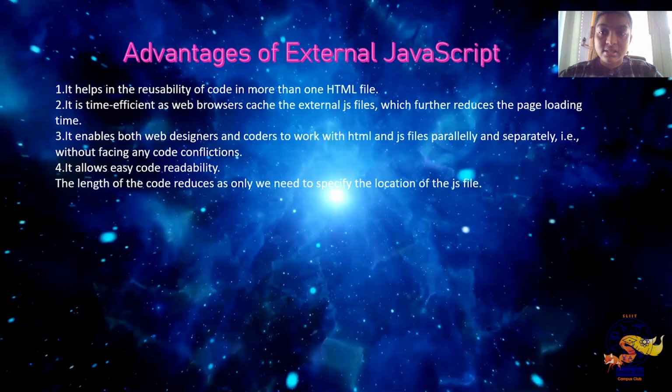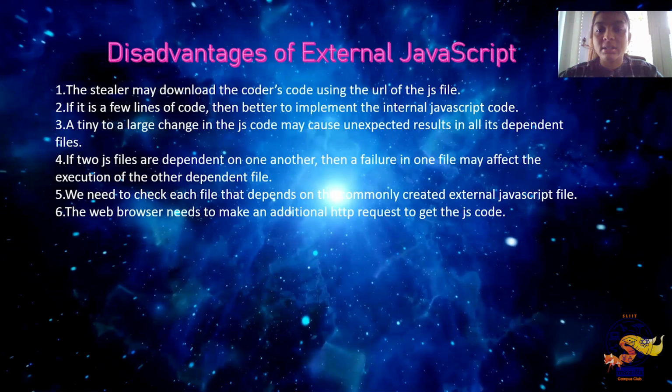There are disadvantages of external JavaScript. Stealers can download the coders' code using the URL of JavaScript files. If there are only a few lines of JavaScript code, then it will be better to implement internal JavaScript. When we implement a few lines of code in external JavaScript, we may have to spend more time and effort.